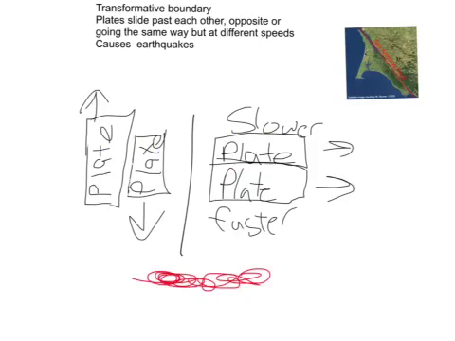And it causes earthquakes. Rumble, rumble, rumble. An example of this is the San Andreas Fault. The reason why it's like that is because of these plates moving, either together at different speeds or past each other.